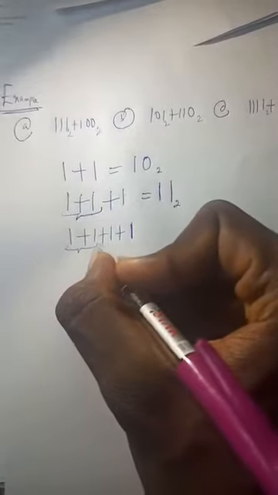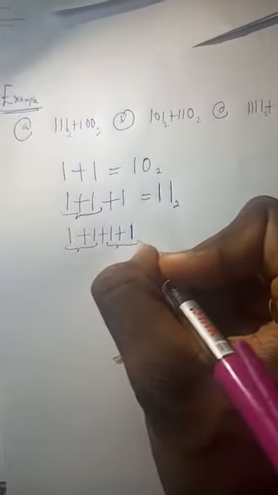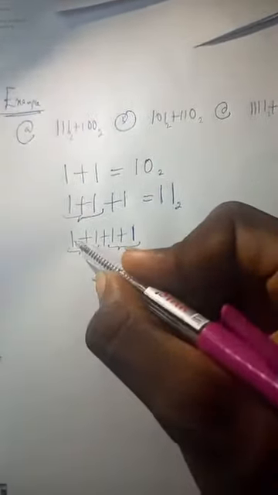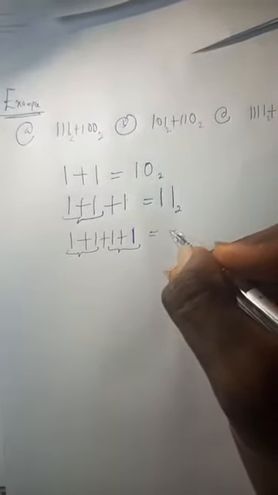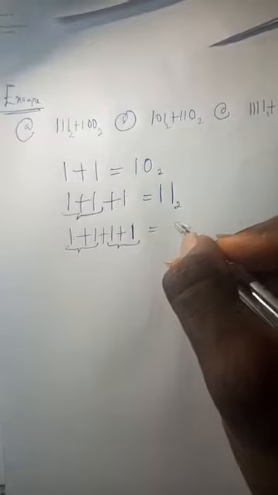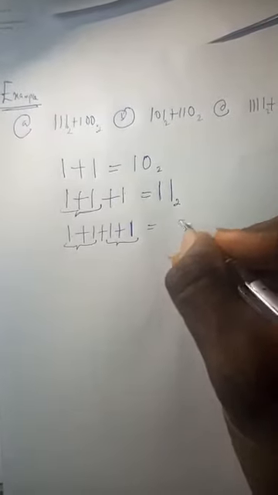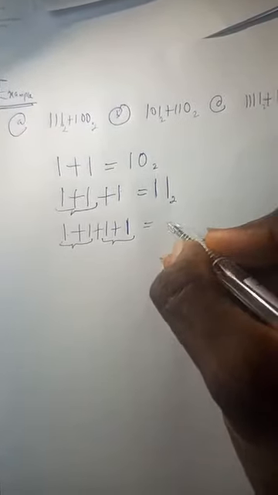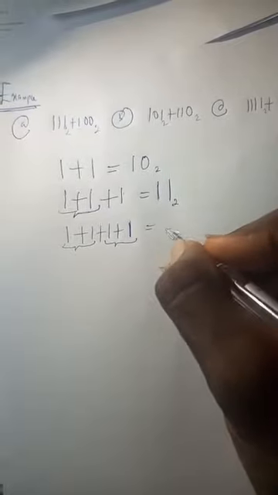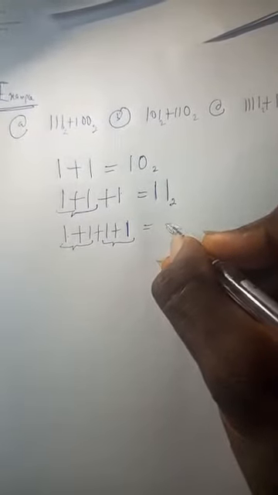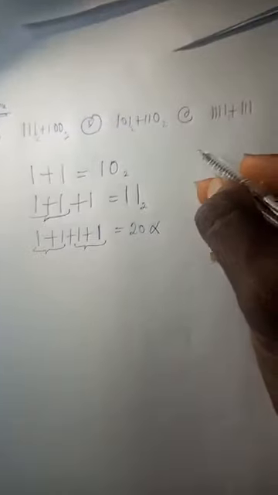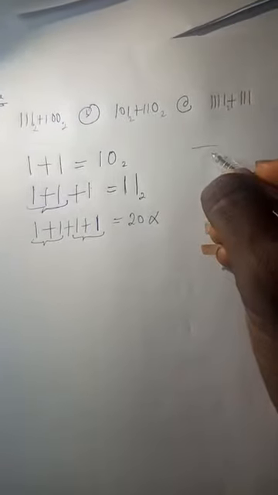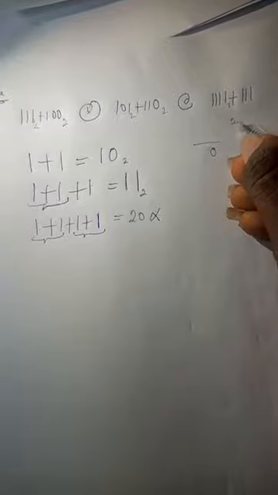That means this is 10. This is also 10. So I'll have 10 plus 10, that gives 20. If you have 20, that does not really make any sense. You can't write 20 in base 2. It's not possible. So if you are trying to add something and you have 20, that means you write 0 and you carry the 2.